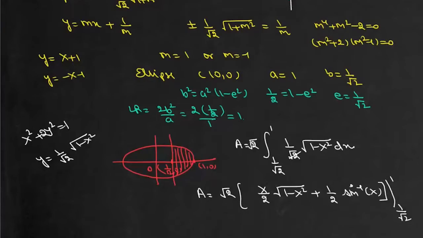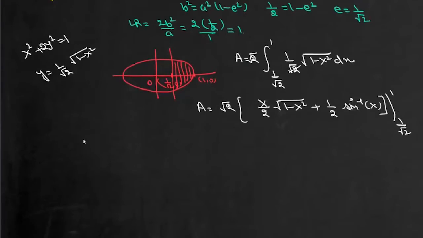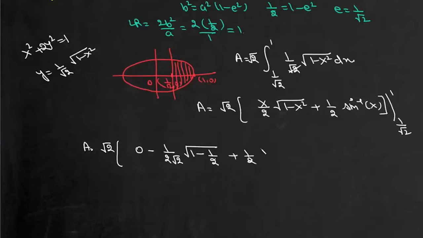Now we will simplify this. So this area it will be root 2 and if we put x as 1 it will be 0 minus, if we put 1 by root 2 it will be 1 upon 2 root 2 and then into under root of 1 minus 1 by 2 plus 1 by 2 and here it will be this sine inverse 1 minus sine inverse 1 by root 2.